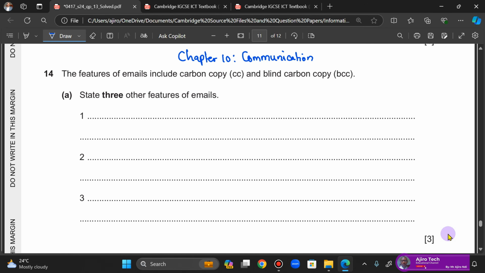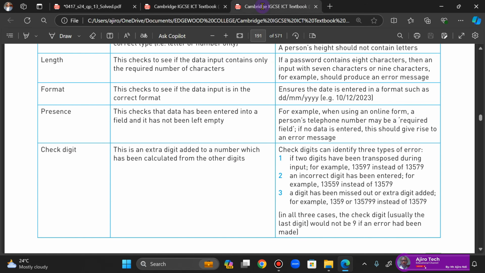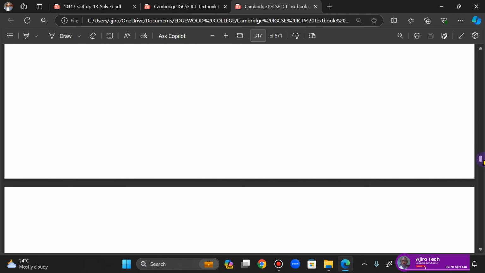State 3 other features of emails. So what are the features of emails? One of the features of email is attachments, and we have them here. Please permit me to open it for you.